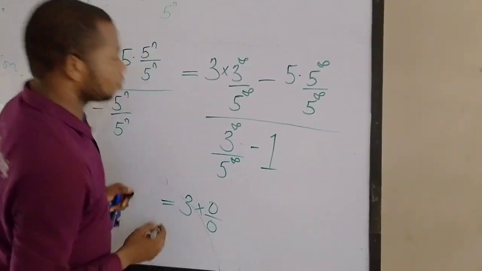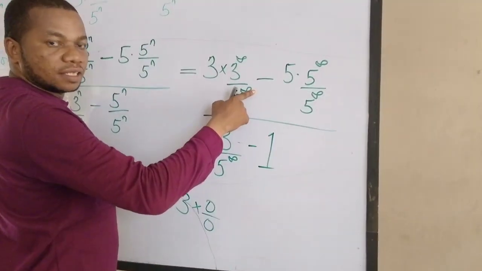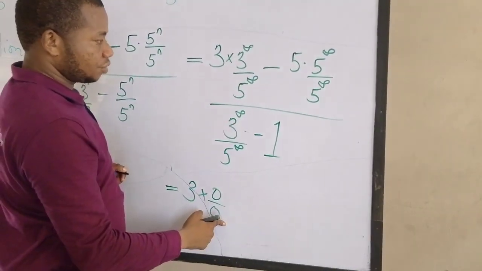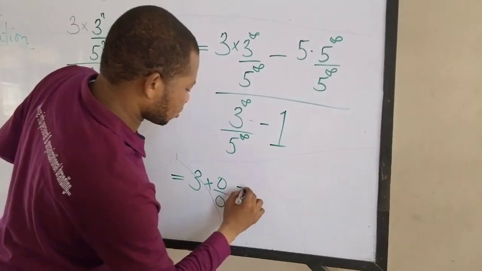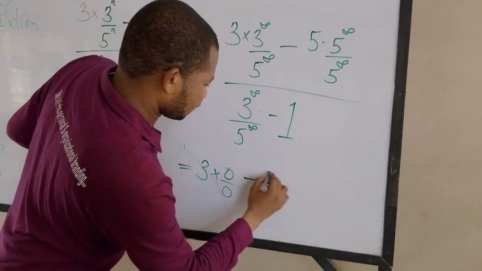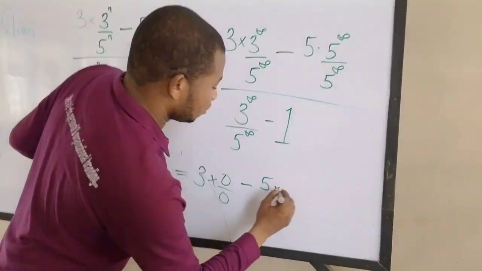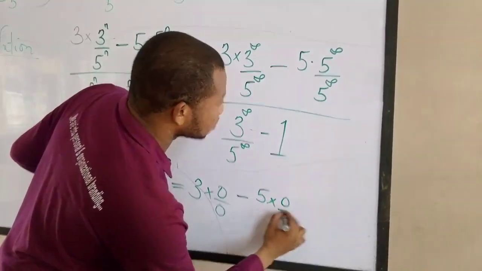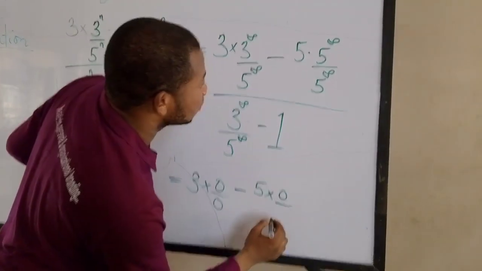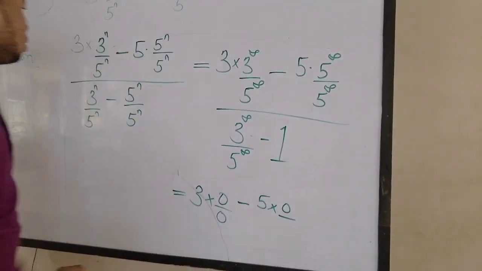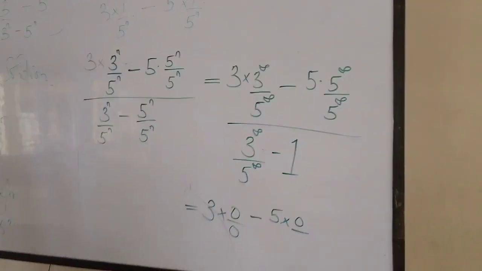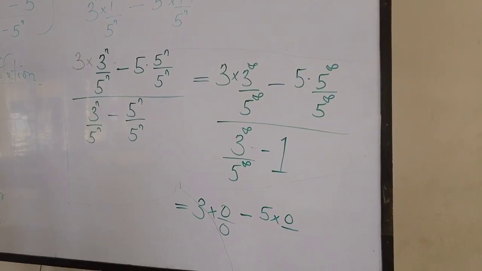That is 0 over 0, because 5 raised to power infinity is 0. Then minus 5 times 5 raised to power infinity over 5 raised to power infinity. Oh, sorry.